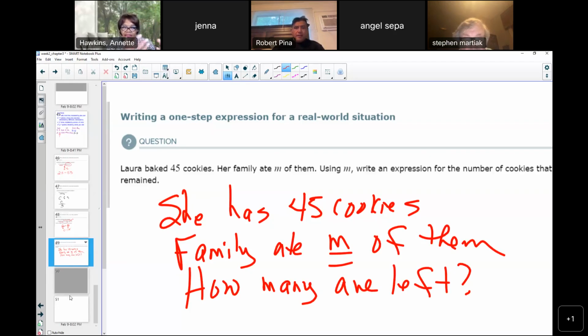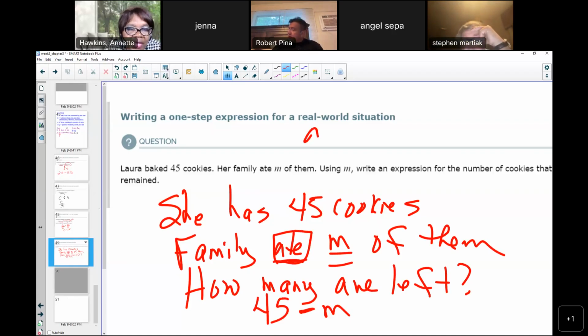So I have 5, and someone takes away, or 8, or whatever. So eight is the same thing as what? Take away? So 45 take away M would be, how many would be left? So let's see. If they ate 10, then 35. 45 minus 10, 35. So let's check.